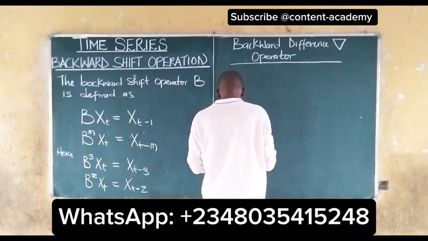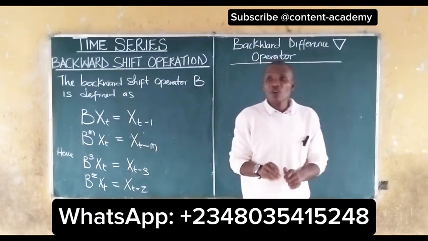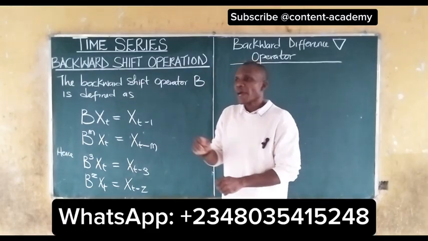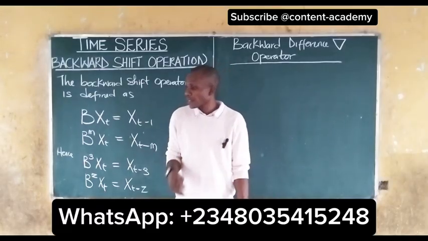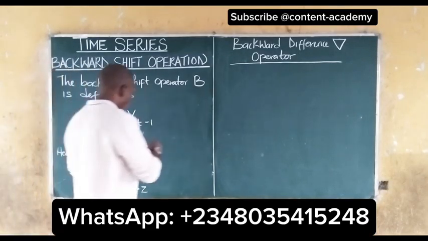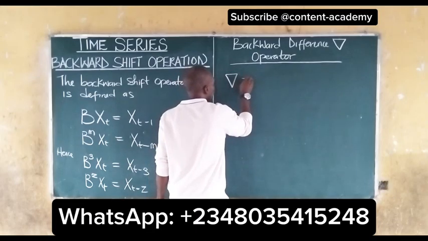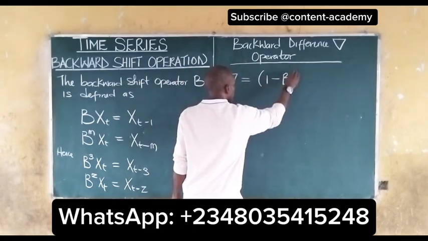The backward difference operator transforms non-stationary models to stationary ones by using the past observations of the time series. So this backward difference can be written as the backward difference equal to 1 minus B.